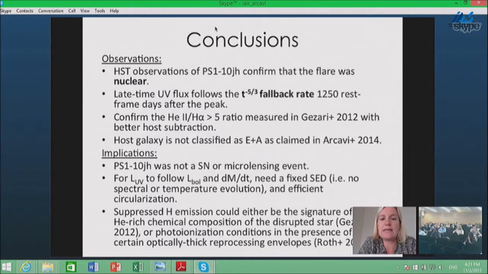So we didn't see any initial X-ray photons, and I don't see any spectral evolution in the UV. It's possible you could look for X-ray emission now, but I don't have a good reason to think we would see X-ray emission now.